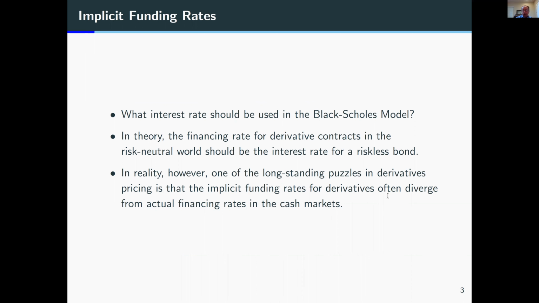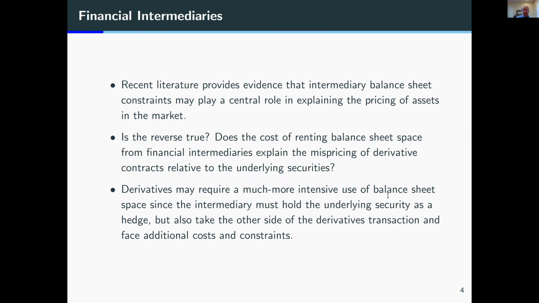So we tell students it should be the return or the rate on a short-term Treasury bill or something like that. But in reality, one of the long-standing puzzles in derivatives pricing is that the implicit funding rates or the implied funding rates for derivatives often diverge from the actual rates that we see in the cash markets. Now, why is this?